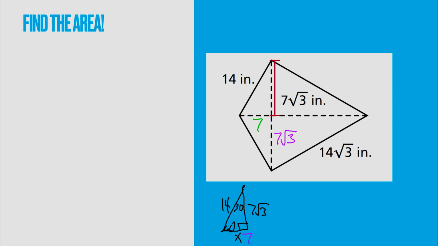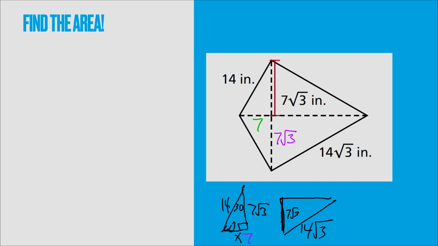Now that leads us to our big triangle. In this case, we already know that this is 14 square roots of 3 and this is 7 square roots of 3. So I'm going to draw that out like this. 7 root 3, 14 root 3. Wait a second.